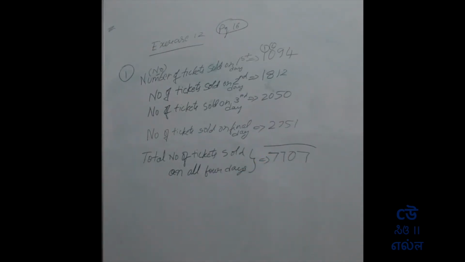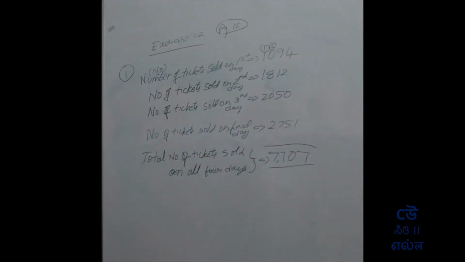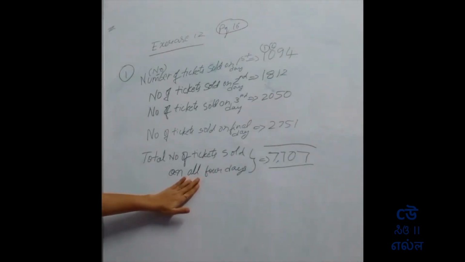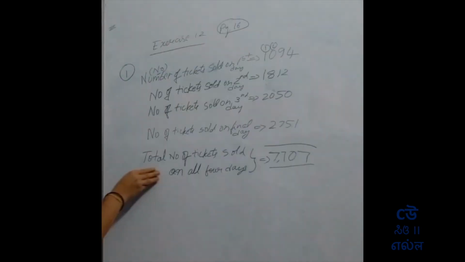So the answer we got is how much children? 7,707 tickets were sold totally on all the 4 days. It is a simple problem. All you have to do is write the problem statement and then add all the numbers, then you will get the answer.